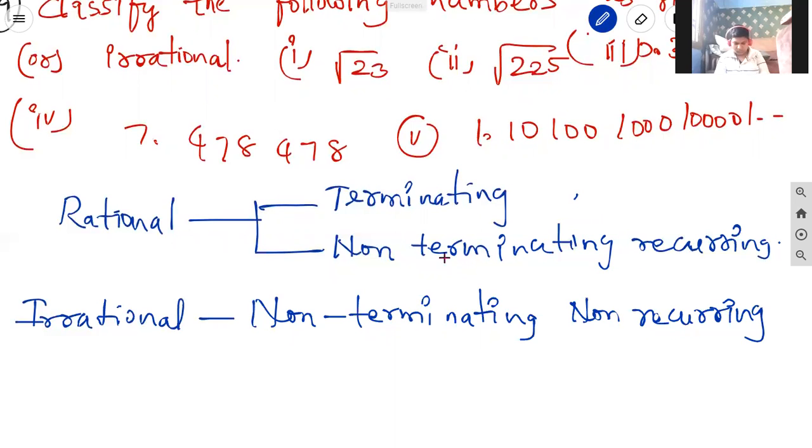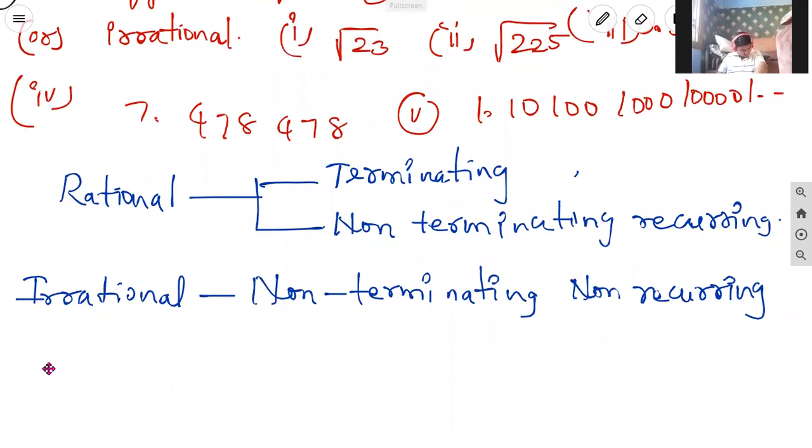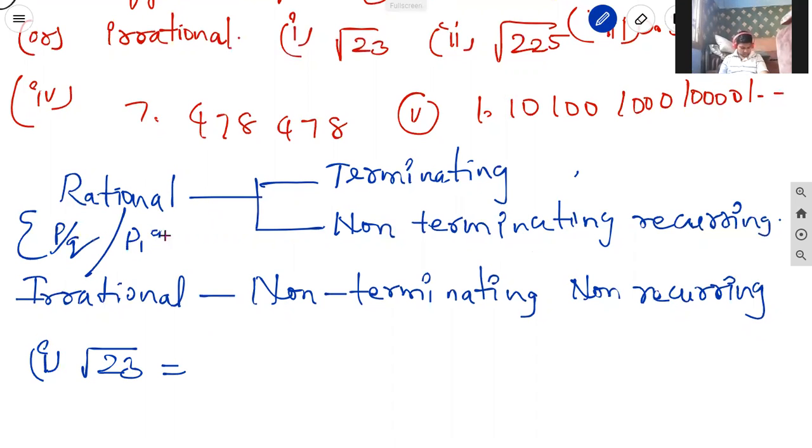Here you see, is it an irrational number? The given number is irrational or rational? First of all, you identify that. The first question, root 23. What is the irrational number set and rational number set? You should have a clear idea of that. The rational number set is in the P by Q form, such that P and Q belong to Z and Q is not equal to 0.